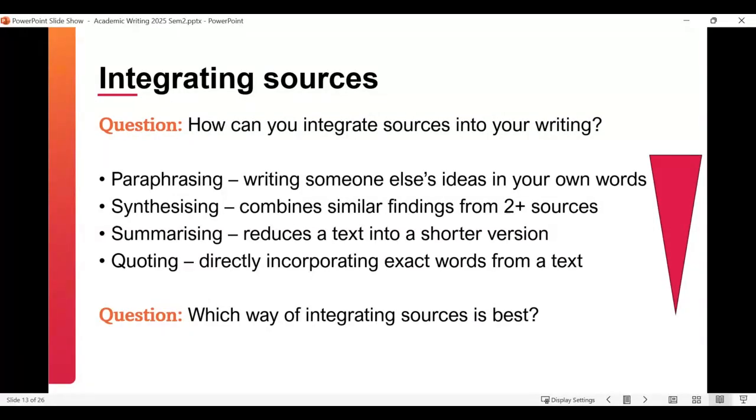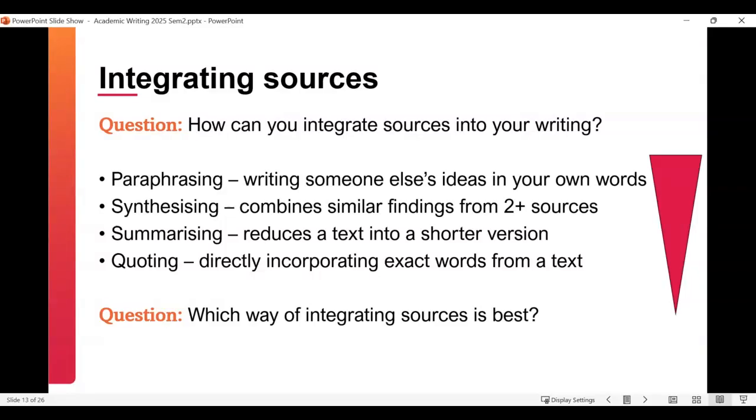It's a bit like if you did a presentation and suddenly you invite a friend over and the friend starts talking, but it's your presentation. That's not great. This is your text, your writing, so you should do most of the writing, and quoting you do very little of. Now, like Carl said, they're all useful, and this is very important because sometimes a quote can be beautiful and just very useful.